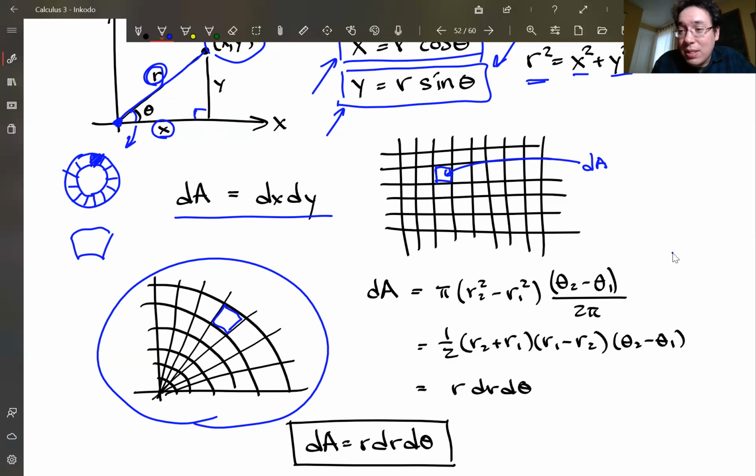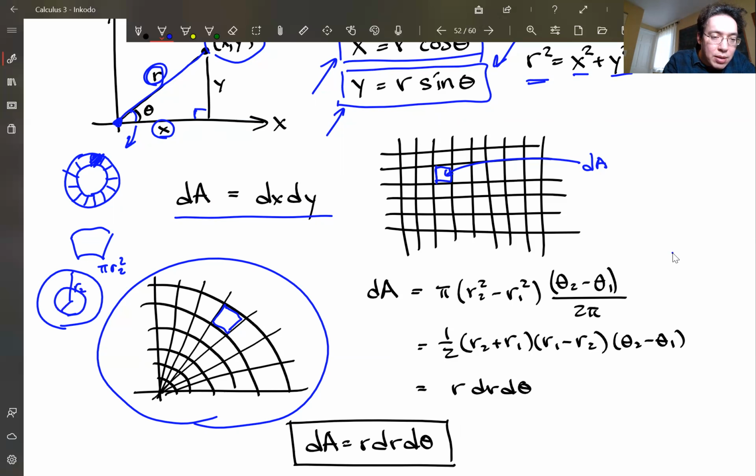So how do we compute this area? Let's write out how we would compute it. The area of the big circle is pi r2 squared. We're going to subtract the area of the inside circle, with radius r1, which is pi r1 squared.